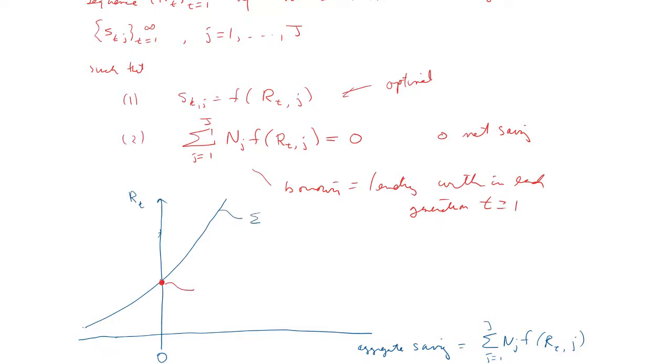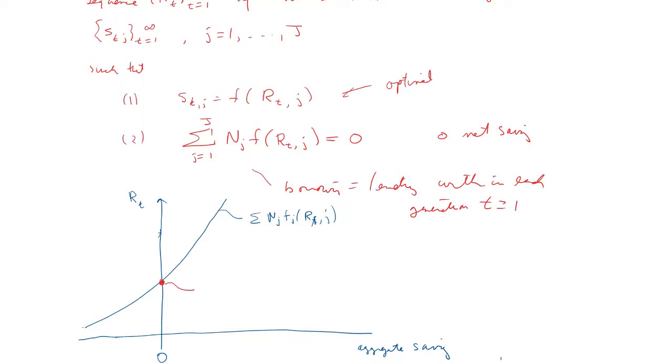If I move this thing here, this is our aggregate saving function, r_t. That's my aggregate savings, so I can erase it down here. That's the way this looks.